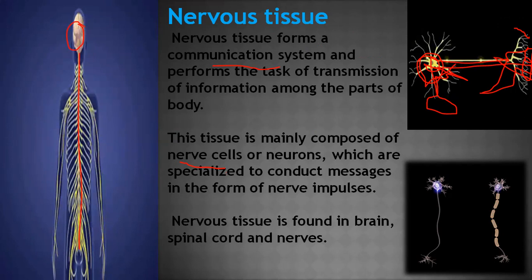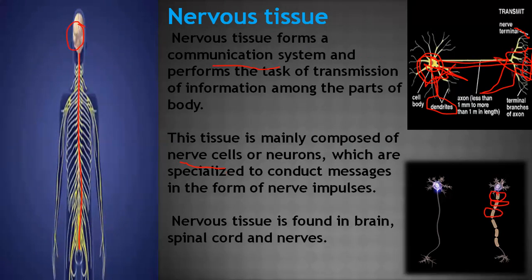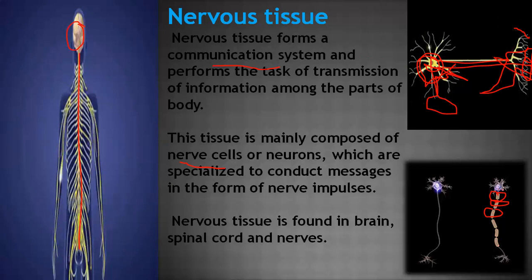So nervous tissue is found in the brain, spinal cord, and nerves. We can see here two types of nerves. In one of them these cells are present, and these cells are called Schwann cells. This is not important for you right now, but in the next classes it will help you. Where Schwann cells are present, the nerve impulse jumps and reaches the terminal quickly as compared to the other one.